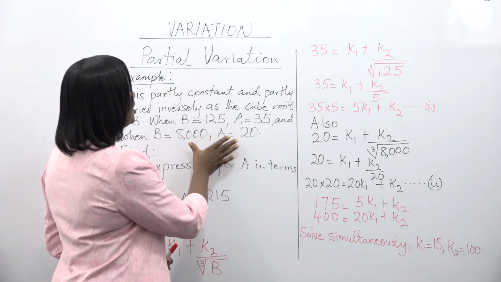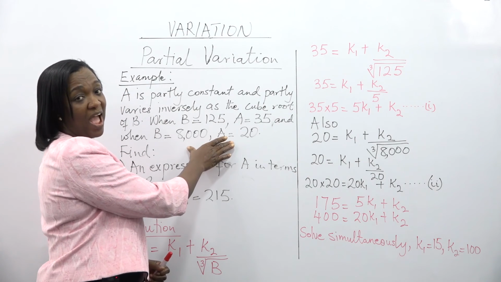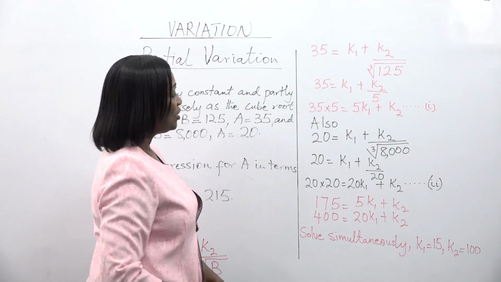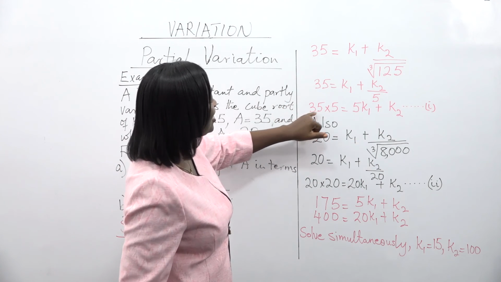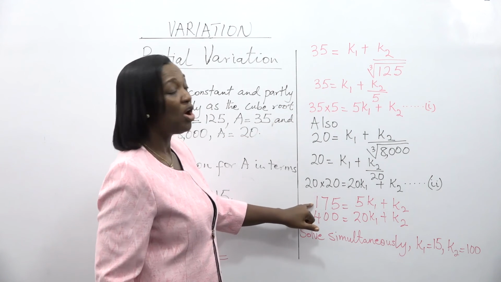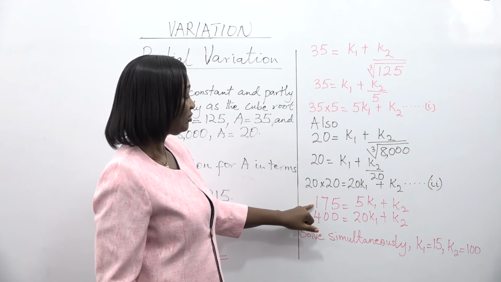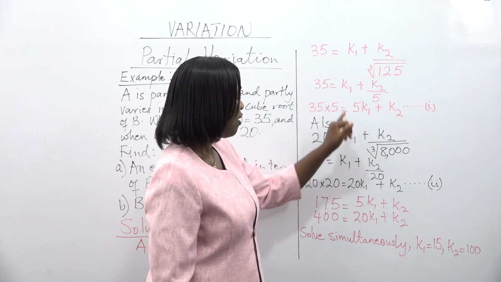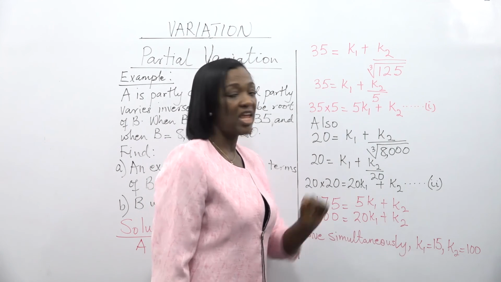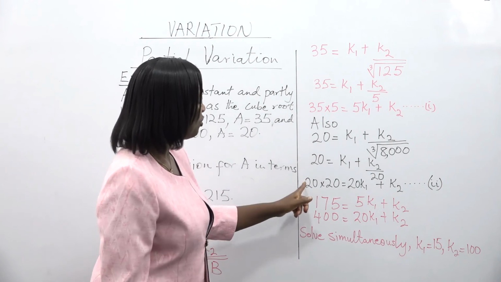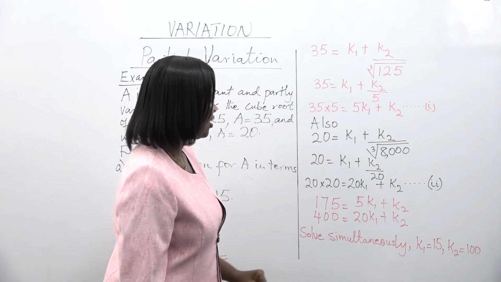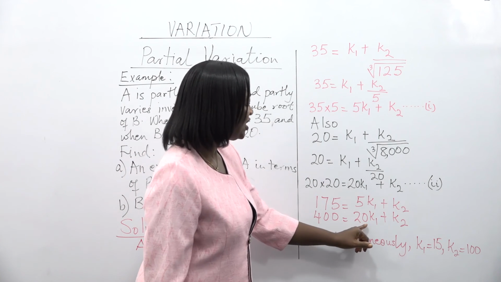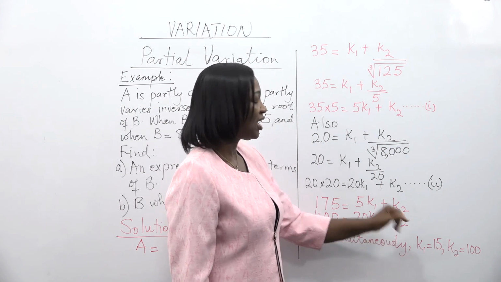So the first equation, 35 times 5 is 175. So equation 1 is 175 is equal to 5K1 plus K2. And equation 2 is 400 is equal to 20 K1 plus K2.